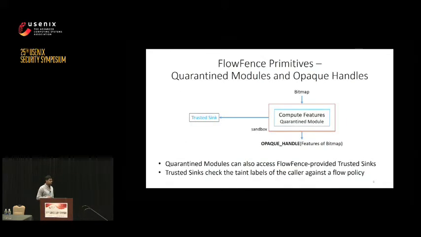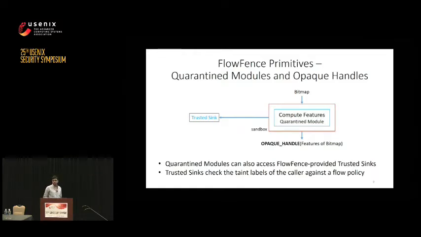A quarantine module could also try to do a declassification to achieve useful work. The only way to do this on this framework is to use a trusted sink that FlowFence provides. The trusted sinks basically read the taint labels off of the caller and then look up a flow policy and decide whether a declassification is allowed or not.